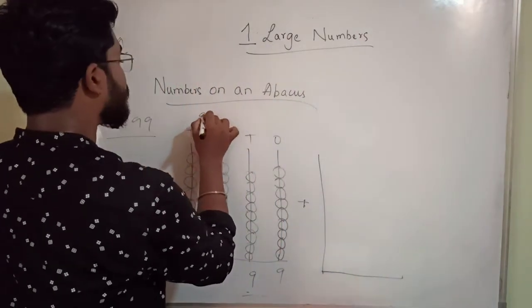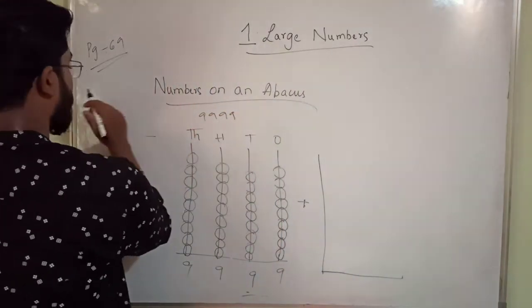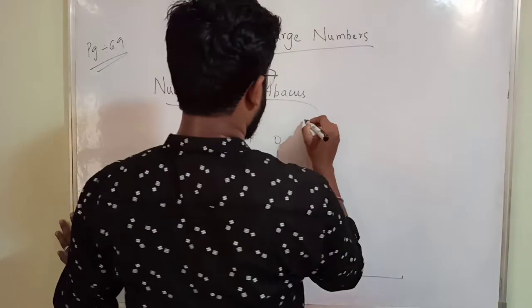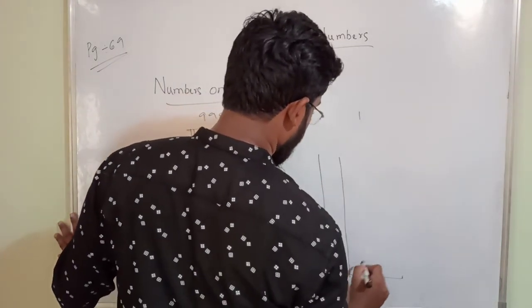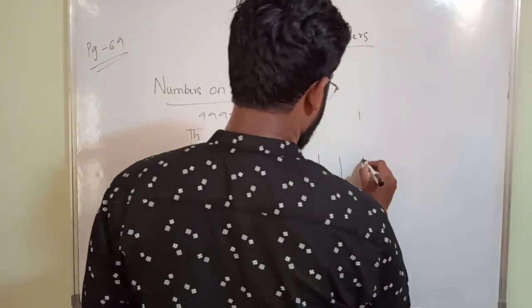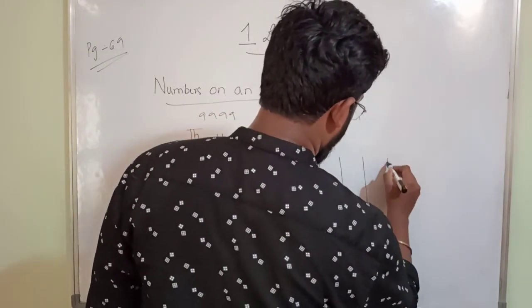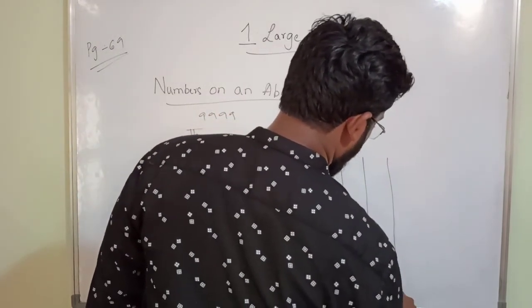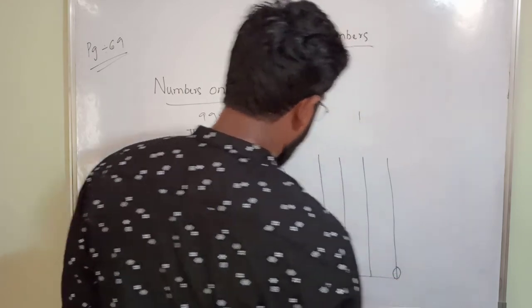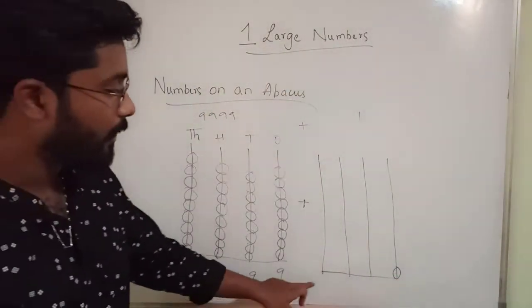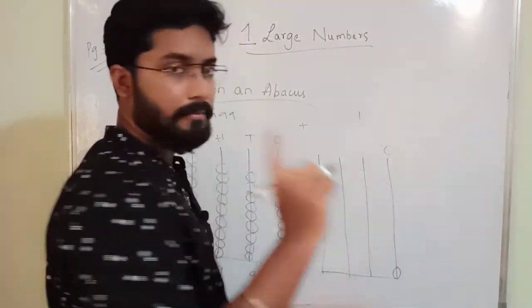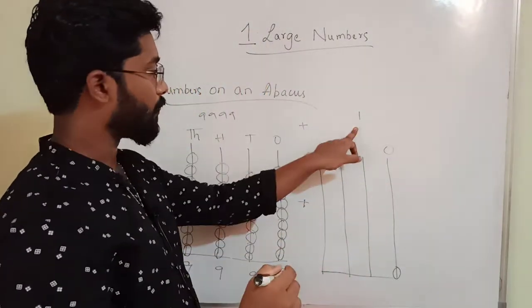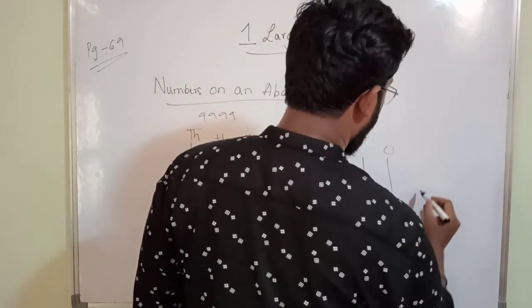This is 9999 plus 1. Only ones place, 1 bead only there. 1 into 1, 1. So what will you get here?